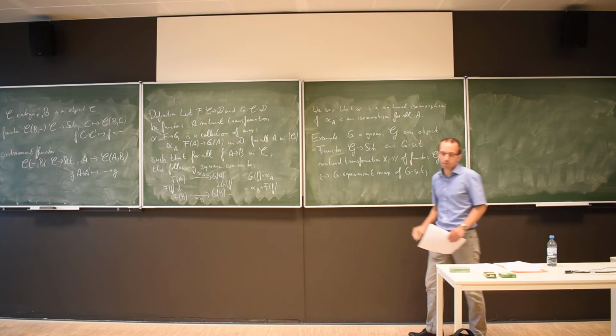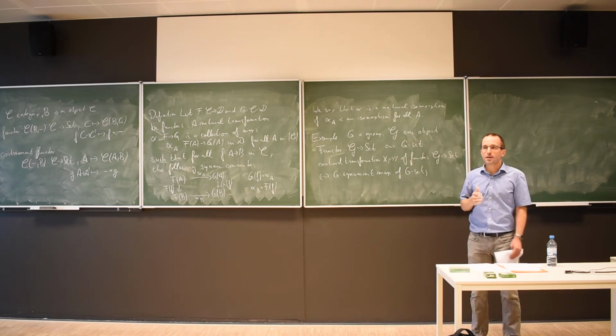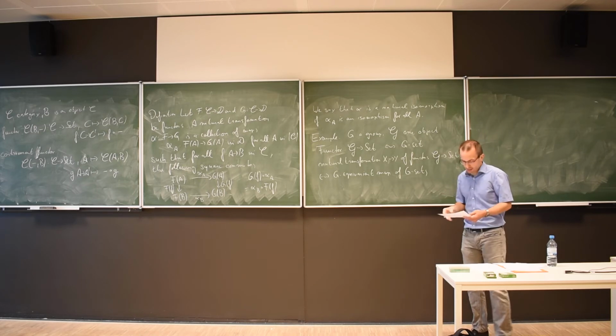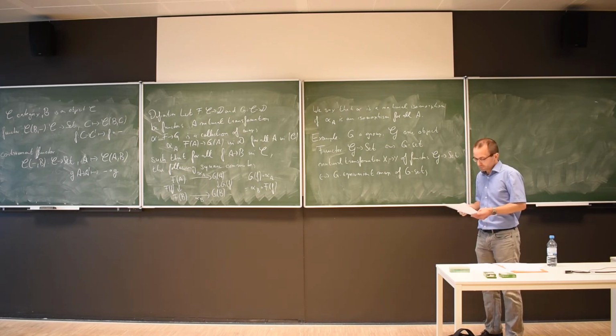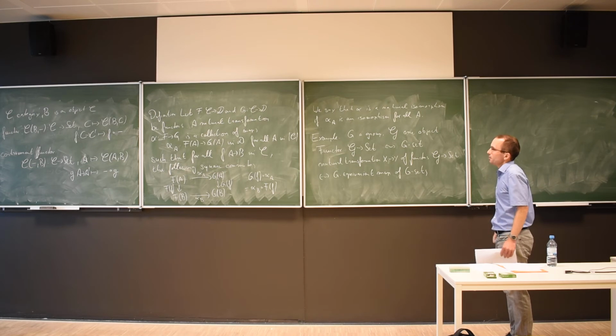And here equivariant means it's a map of the underlying sets that commutes with the action of the group on X and Y. So this is a simple example of natural transformation.